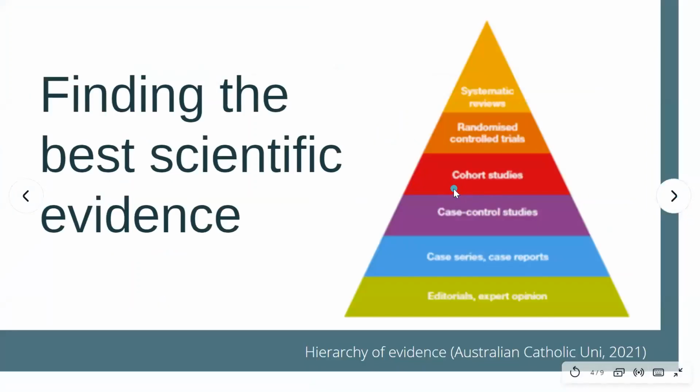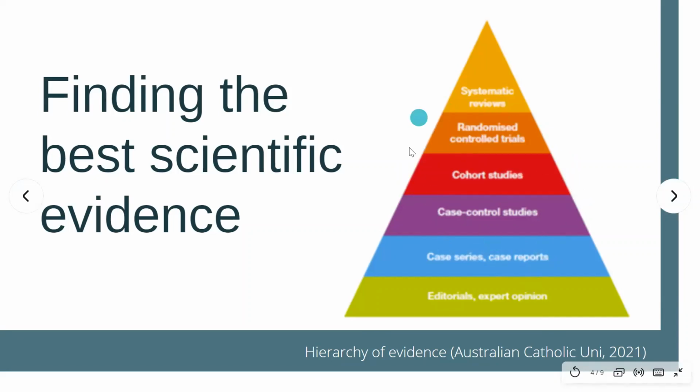Okay, so when I'm looking to find the best scientific evidence, I've got to consider the hierarchy of evidence. As we move up this pyramid, the level of confidence or the quality of evidence increases. Down here, this is all just data, a primary source, unfiltered.